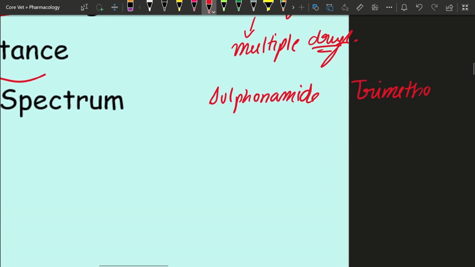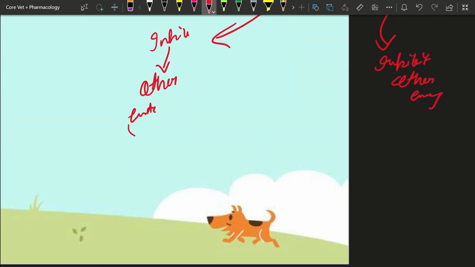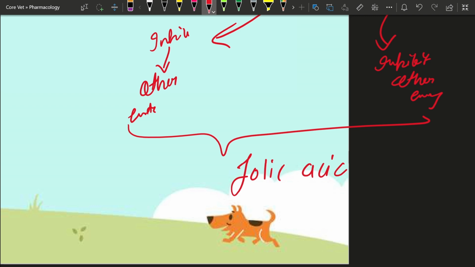Okay, why do we use both of the drugs together? Because the sulfonamide inhibits one enzyme, and the trimethoprim inhibits another enzyme, but both inhibit enzymes in the same folic acid synthesis pathway, right?